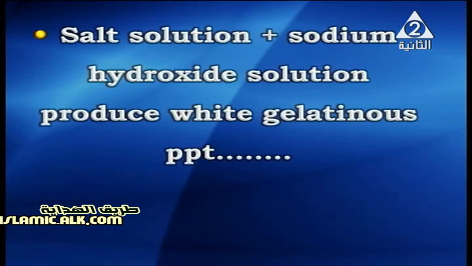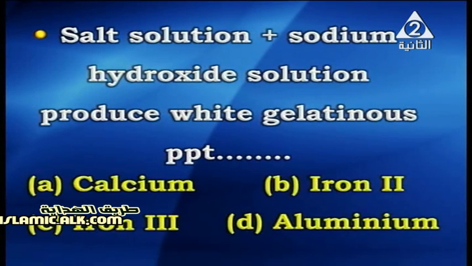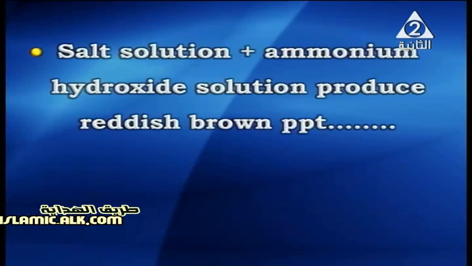Next question, salt solution plus sodium hydroxide solution produce white gelatinous precipitate of what? Is it calcium or iron 2 or iron 3 or aluminum? Yes, it will be aluminum. Next one, salt solution plus ammonium hydroxide solution produce reddish brown precipitate of what?